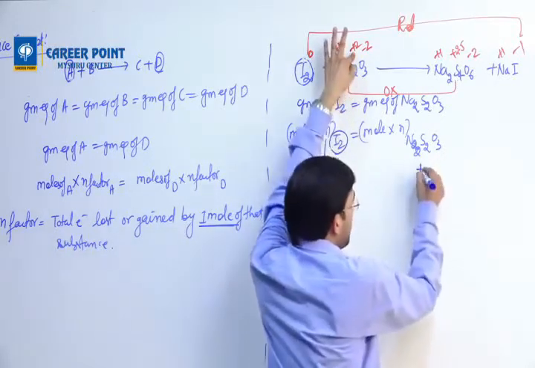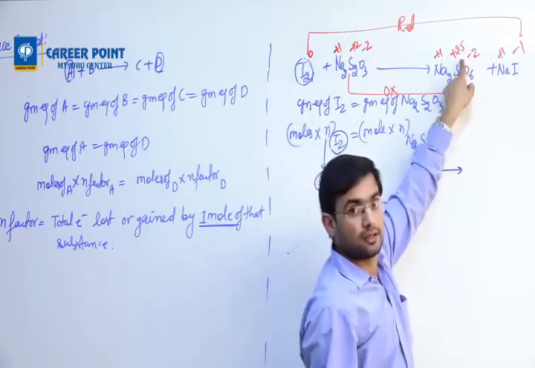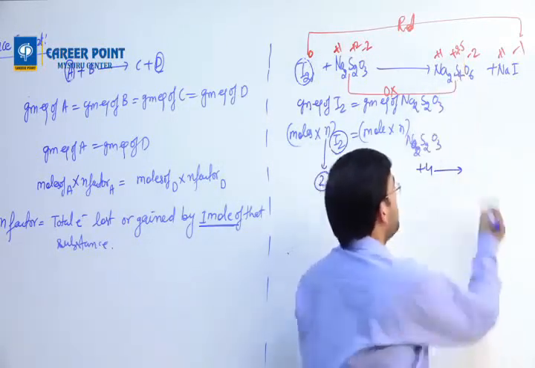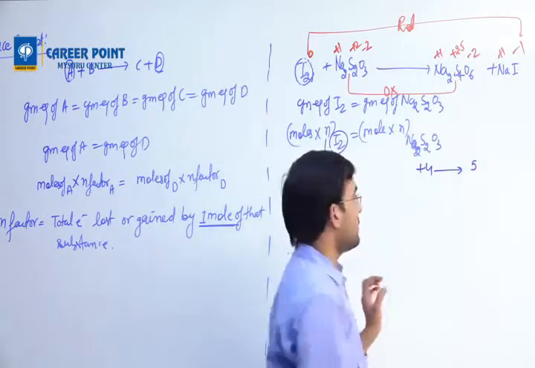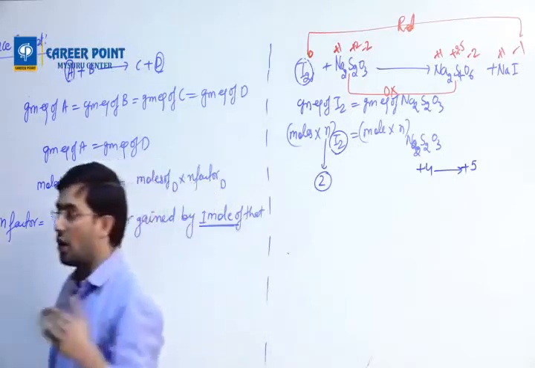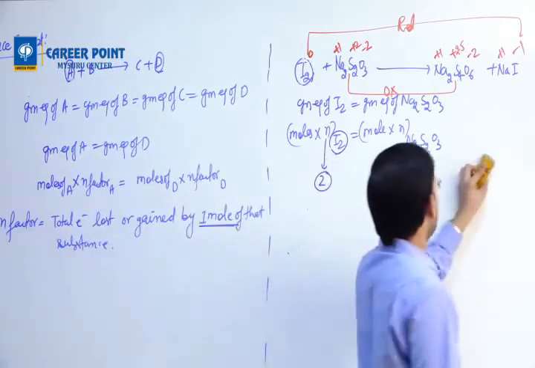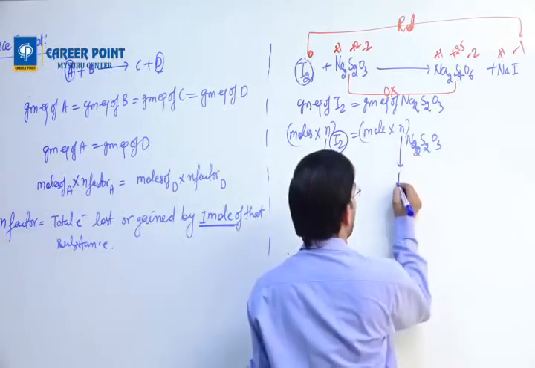For 2 sulfur plus 4, 2, so there also multiply by 2. Correct? 2 sulfur, so 2.5 into 5. So 5 plus 5. Here 1 electron is lost, and the 1 electron is lost. So the n factor of Na2S2O3 becomes 1.